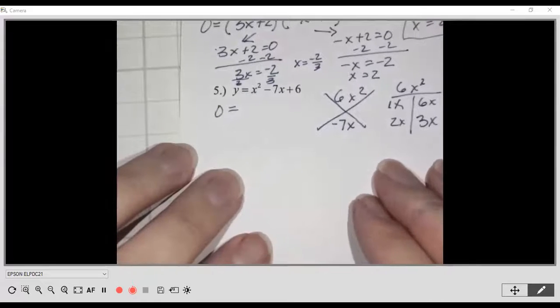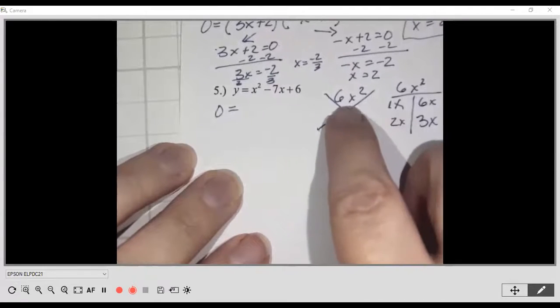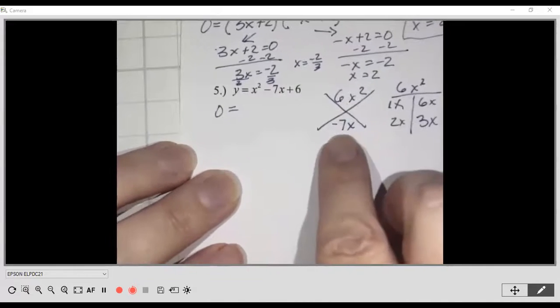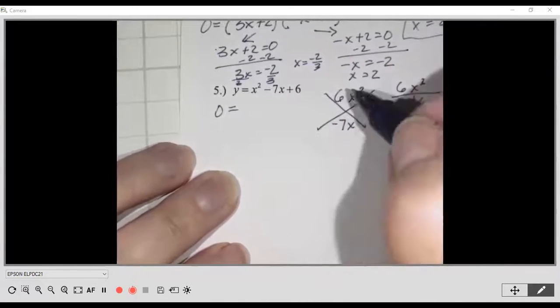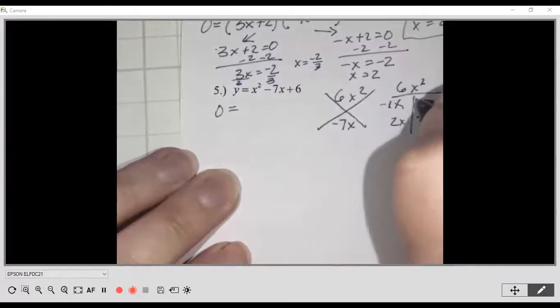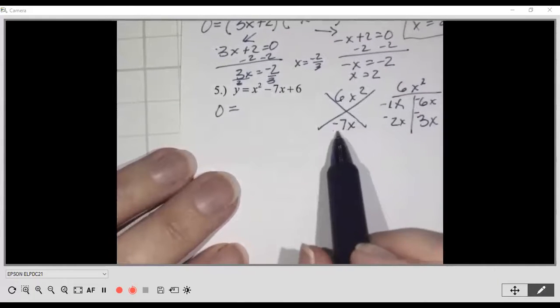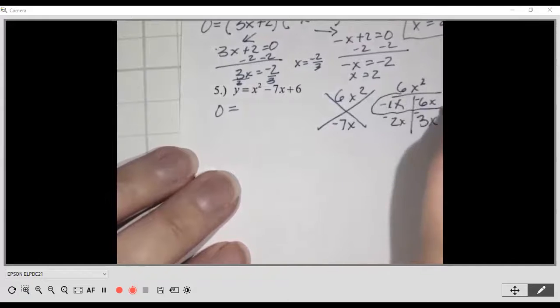All right, so then I want to take a look at the signs. When they multiply together, they give me a positive 6x squared. When they add together, they give me a -7x. So that means they both have to be negative. And then which of these pairs adds up to -7x? That's the -x and the -6x.